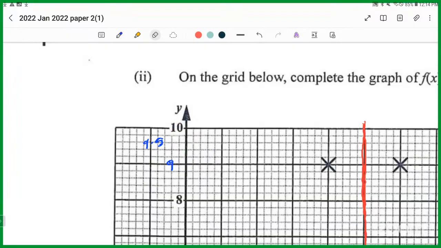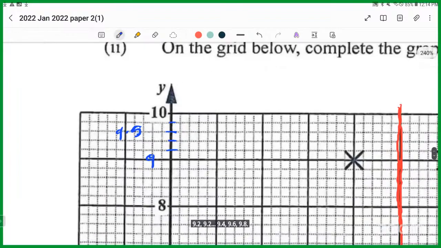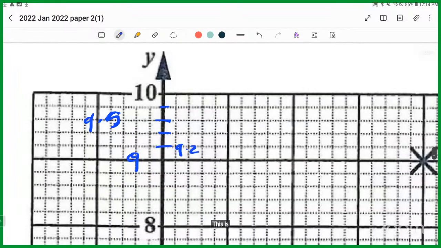Put another way, this is 9, 9.2, 9.4, 9.6, 9.8. If I zoom in, this is 9.2 and this is 9.4, so in between them is 9.3.